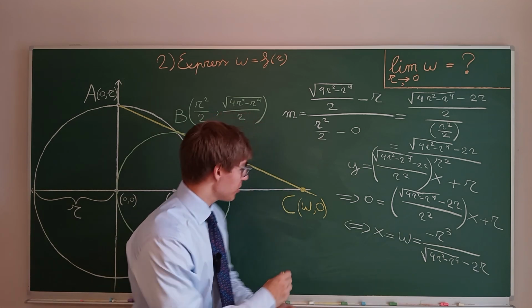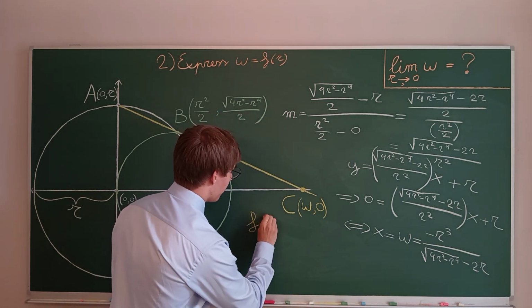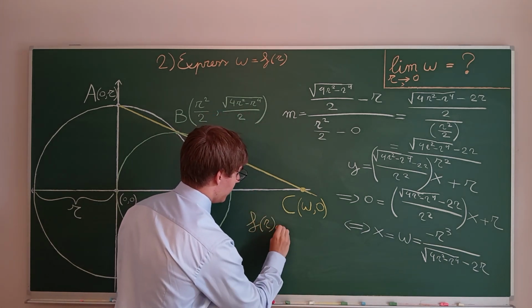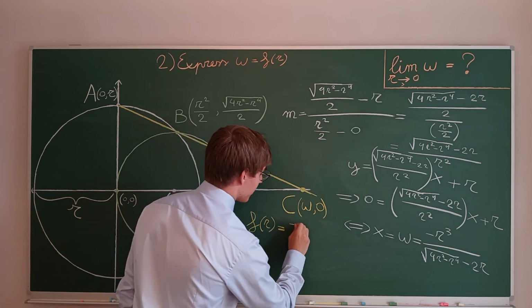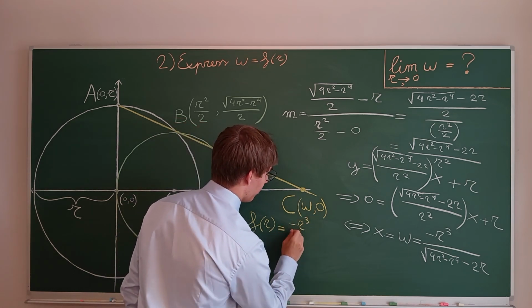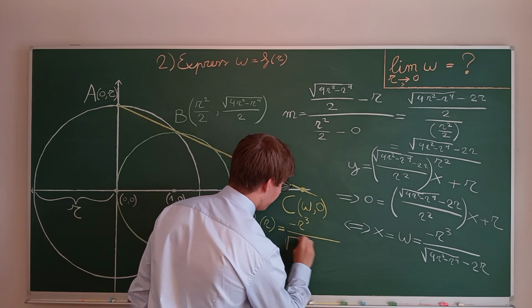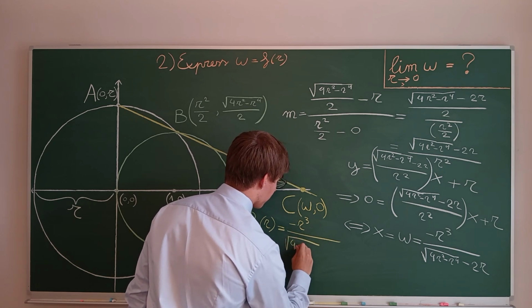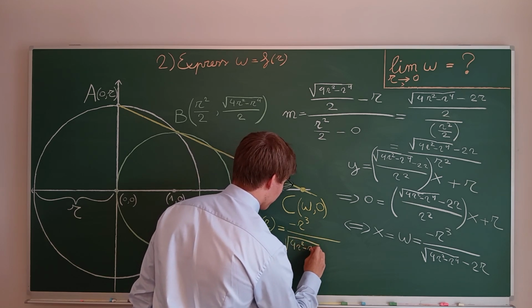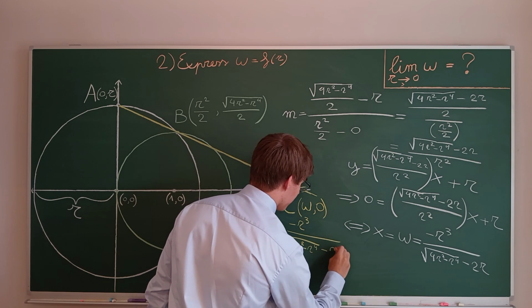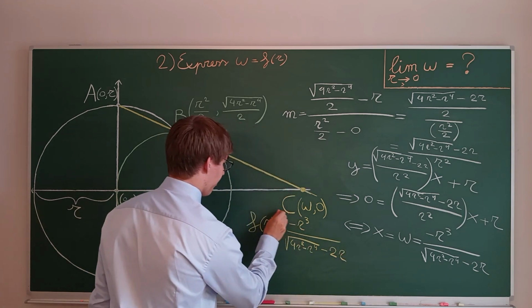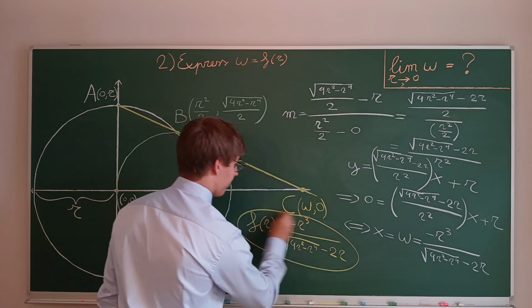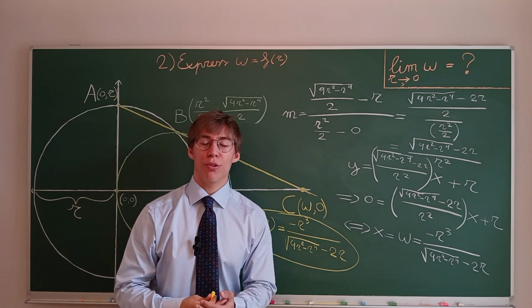So this is our result. F of r is equal to minus r cubed divided by the square root of 4r squared minus r to the fourth minus 2r. That means we can go to step 3.